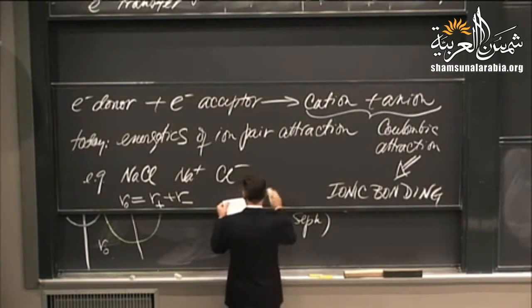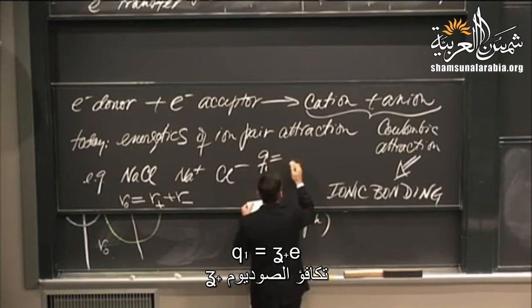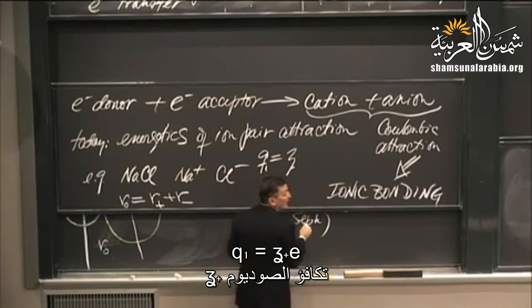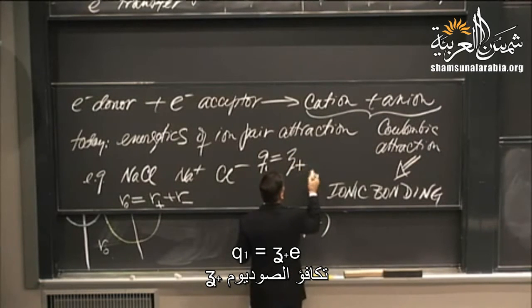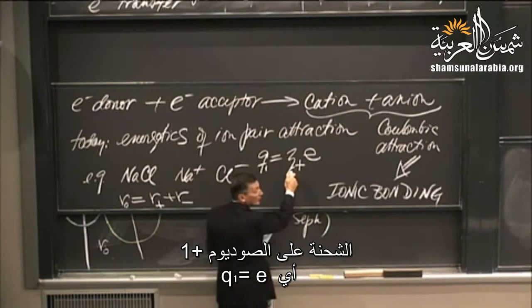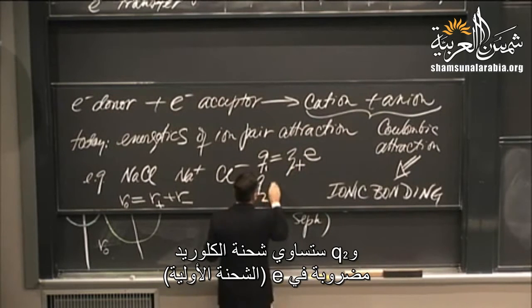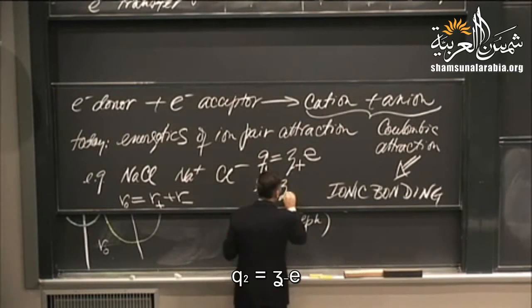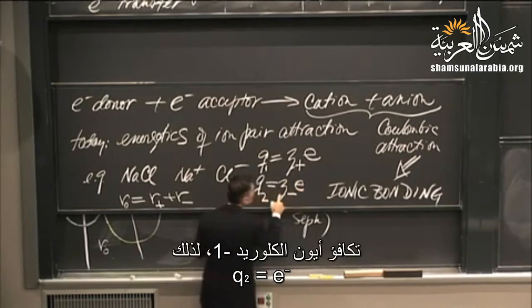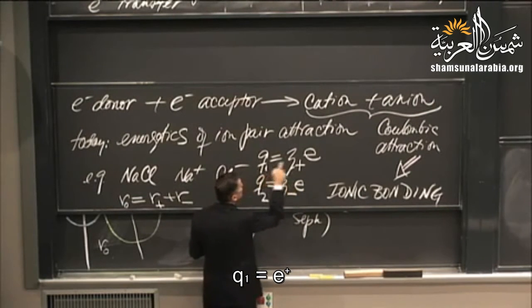So Q1 is equal to Z, the valence on the sodium, times the elementary charge. The charge on the sodium is +1, so it's +1 E, and Q2 is going to equal the charge on the chloride times E. In this case, the chloride ion is -1, so Q2 is -E, Q1 is +E.